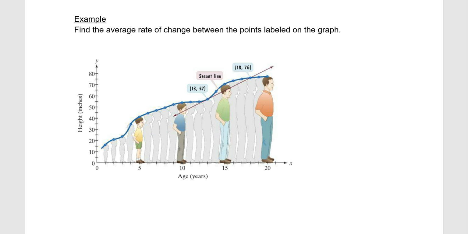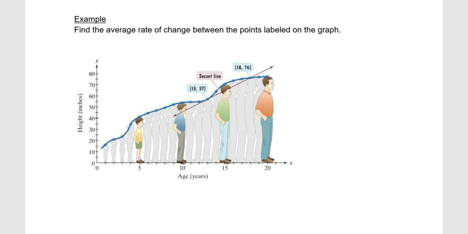So this graph is showing how this person grew over time from when they were born to, it looks like, 20 years old. And then we have the height over here on the y-axis in inches. So it's clearly not a linear path, right? This is not linear, that's not a straight line.